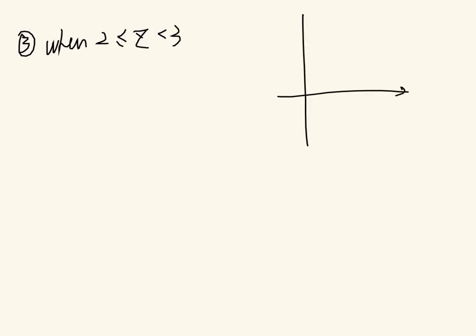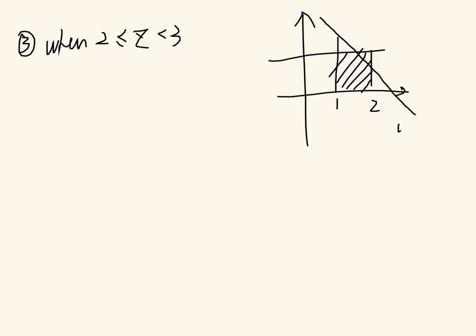And the third situation is when z is between 2 and 3. We have, let's draw it again. This is the shaded area, 1, 2. So the line should be like this.